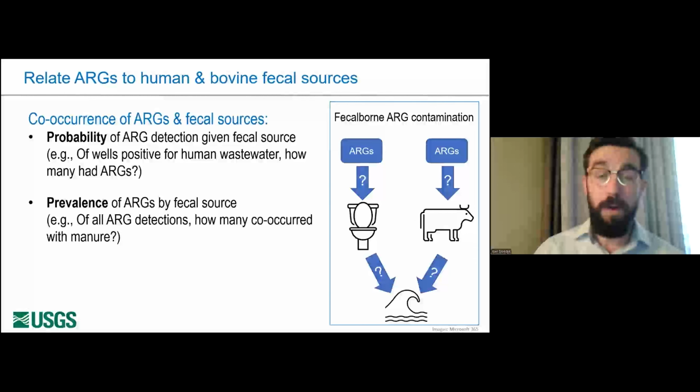First, in terms of the probability of antibiotic resistance gene detection, given a fecal source was present. For example, of all the wells that were positive for human wastewater contamination, how many of them also had an antibiotic resistance gene? And then second, we'll look at the prevalence of antibiotic resistance genes by fecal source. For example, of all the ARG detections we saw, how many of them co-occurred with manure versus with wastewater?